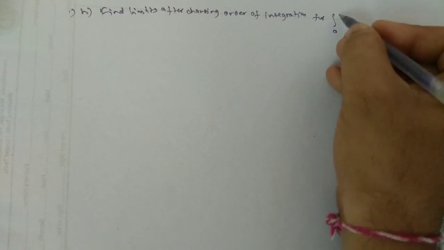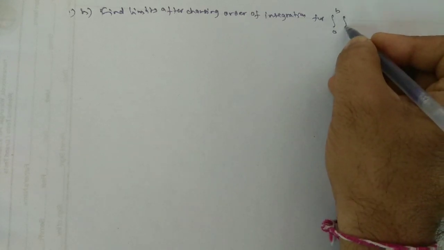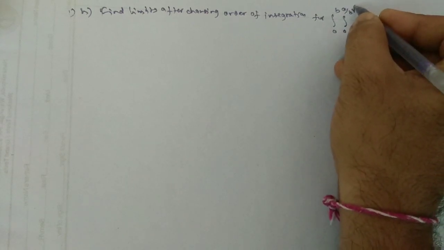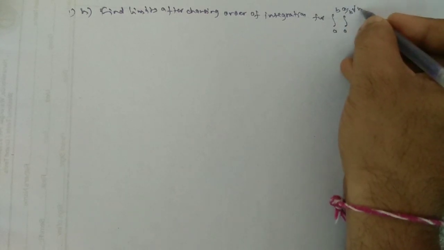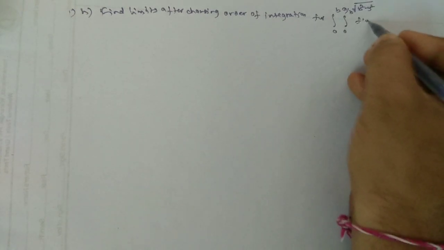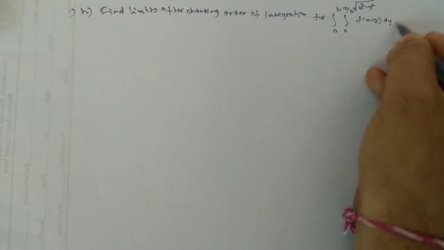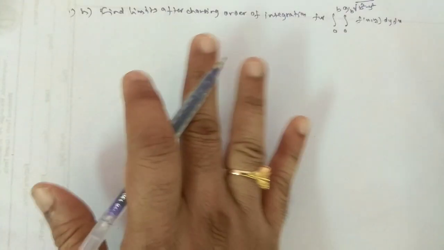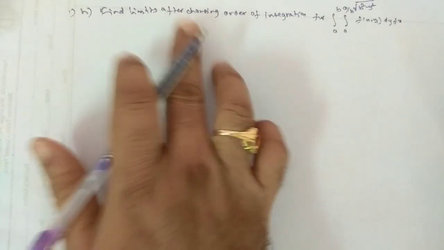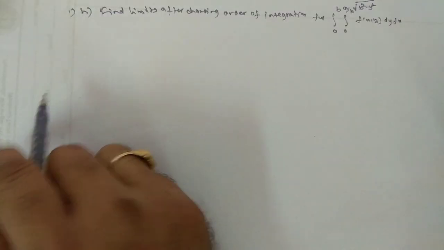One is 0 to b and another is 0 to a by b under root of b square minus y square. And here the integrand is only f of x comma y, dy dx, they have given. Now we are not going to find out the complete solution, we only need to calculate the limits after changing the order of the integration.